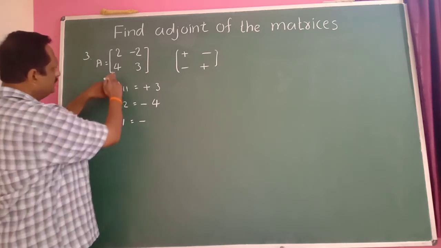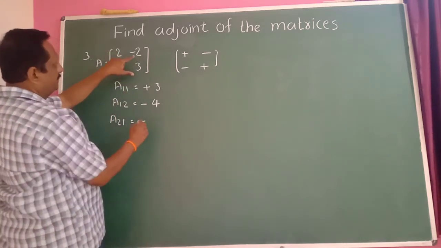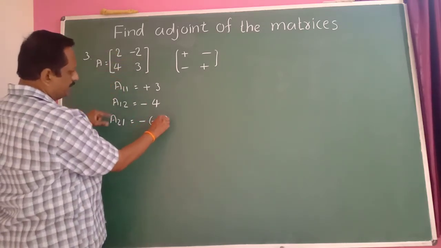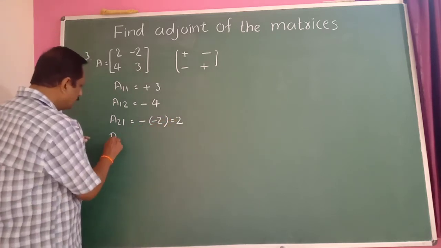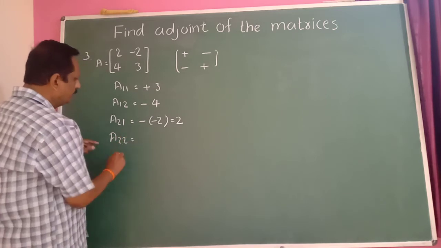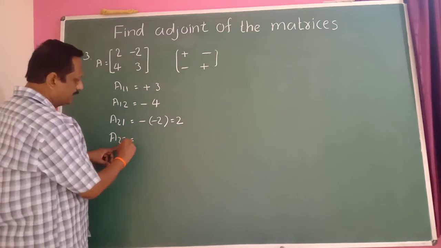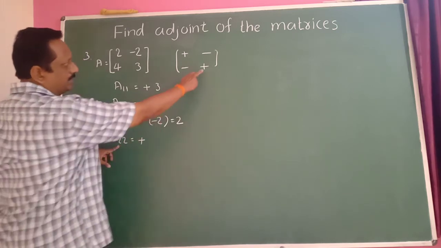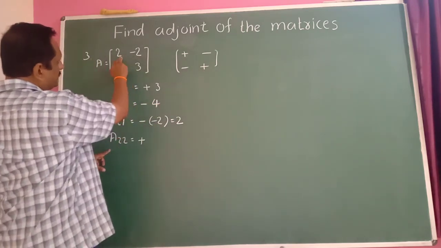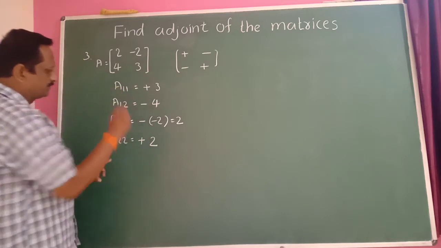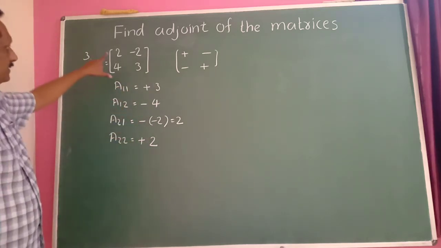Then deleting the second row and first column, remaining is minus 2 here. Minus or minus becomes plus here, plus 2. Then A22, 2 plus 2 is an even number, so take plus. Deleting the second row and second column, remaining is 2 here, so right here plus. These are the cofactors of the elements.